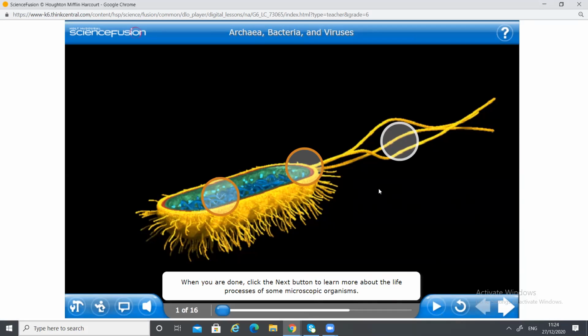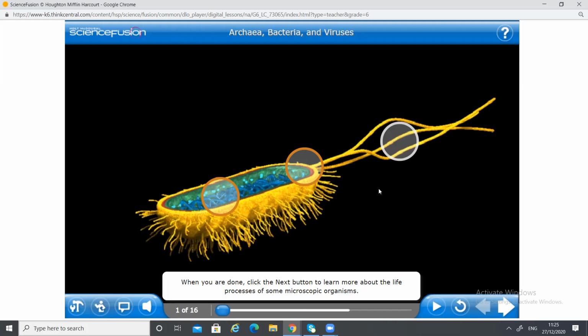When you see this here, it seems to be like a single cell organism, right? Is it multicellular? Single cell, or maybe it has mitochondria. Let us see what exactly it is. They're saying a girl, she loves to study about microbes. Okay, microbes means very, very small organisms, which you cannot see. Is this a multicellular or a unicellular?